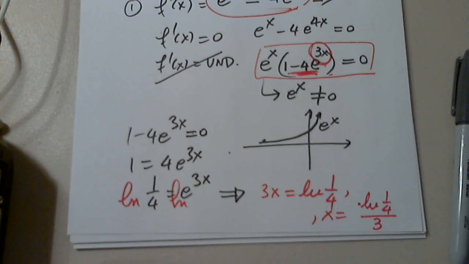So 4 e to 4x. Why am I getting a negative number? At -1, so we have 1 over e minus 1.